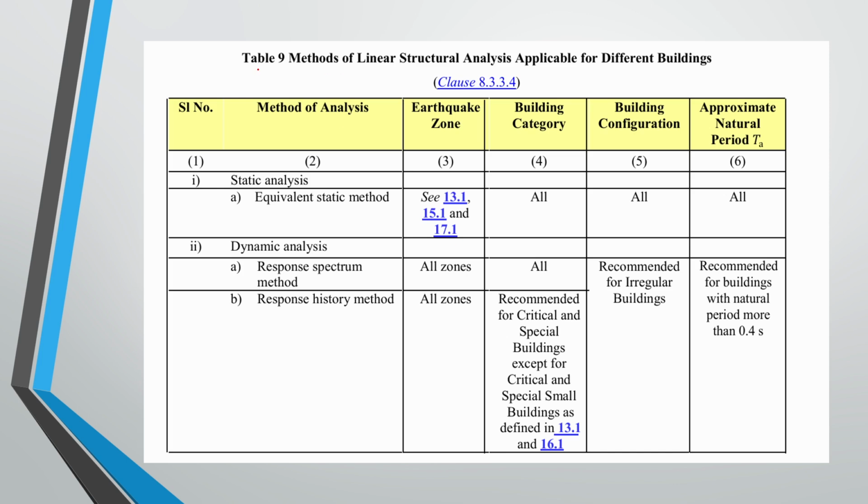So this is Table 9 from IS 1893-2025. Here the methods of analysis are given against earthquake zone, building category, building configuration, and approximate natural period T. So we have seen for static analysis, the first method under static analysis is the equivalent static method.